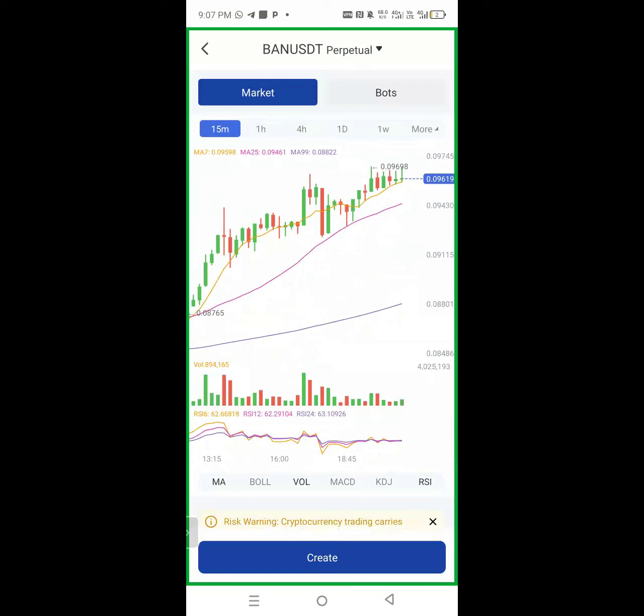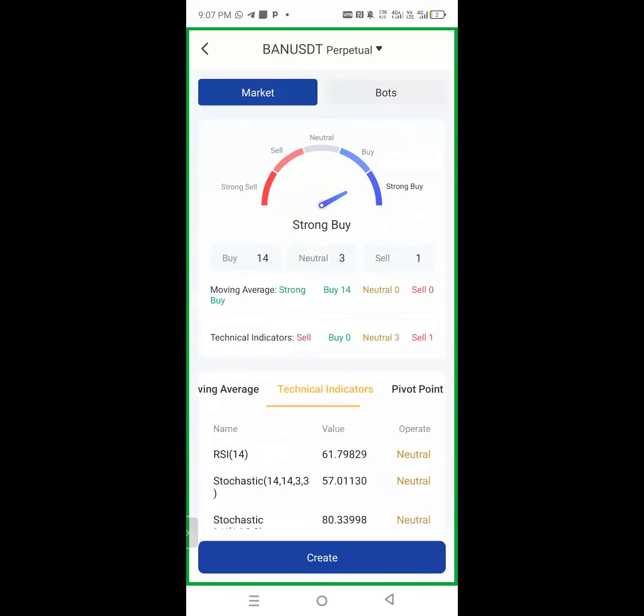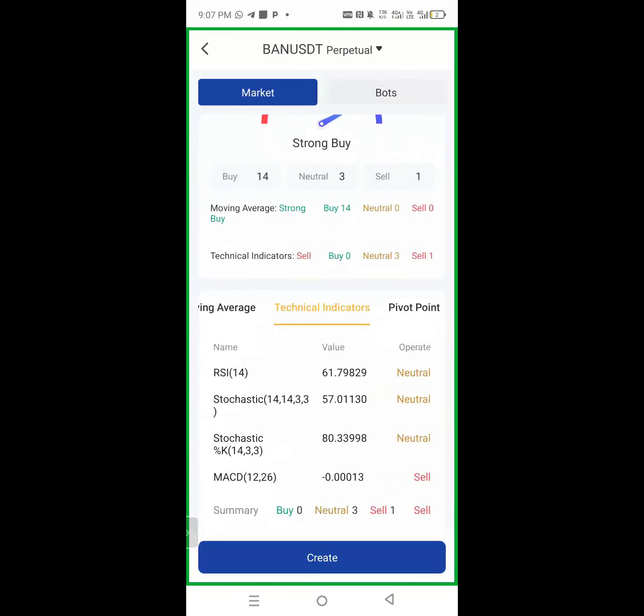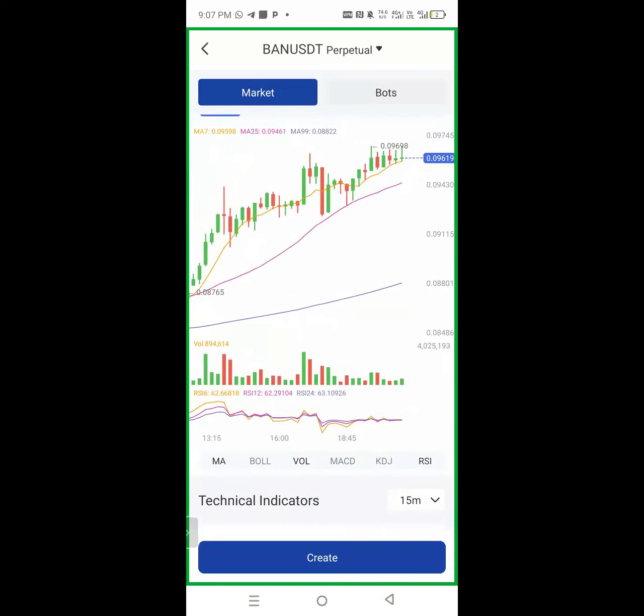They are not falling, they are not going down, they are just in the neutral zone. So I think if I enter here, I will see it's neutral. So RSI 14 is on 61. So that is it. Is there any other question?